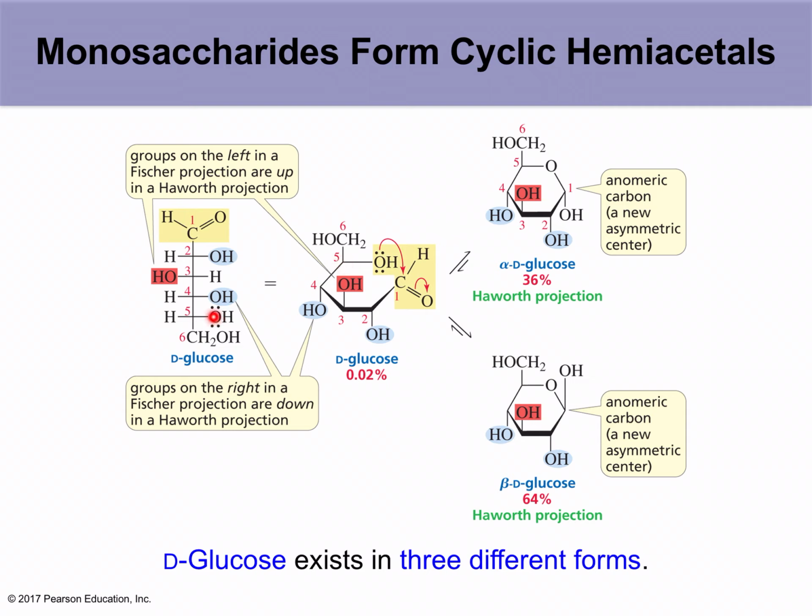This is the oxygen that is going to react with the carbonyl group, so we need to write this in a vertical fashion, like this, because they need to come closer to each other. The remaining group, 6 CH2OH, will end up facing up. That is the way we draw a Haworth projection from the Fischer projection.